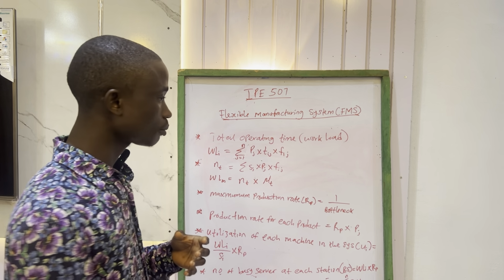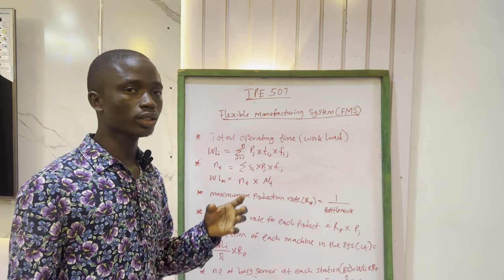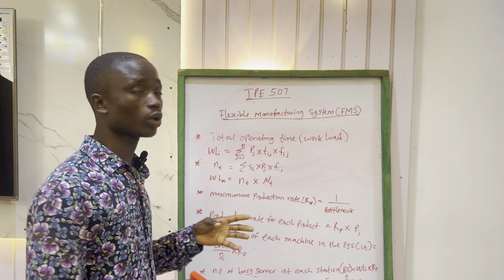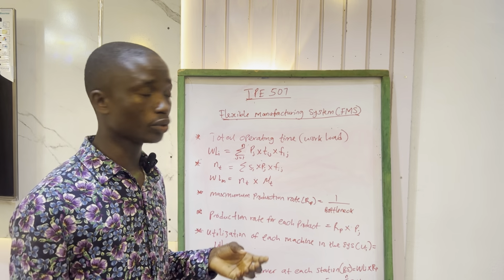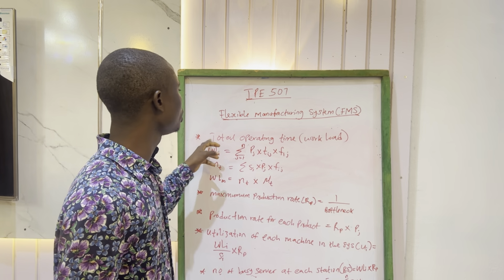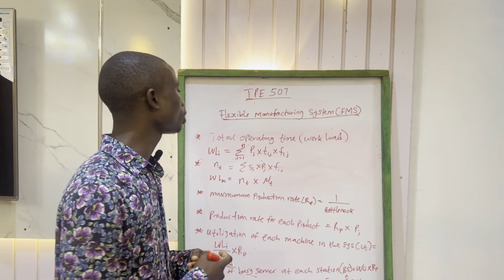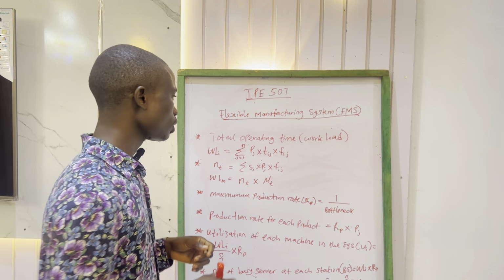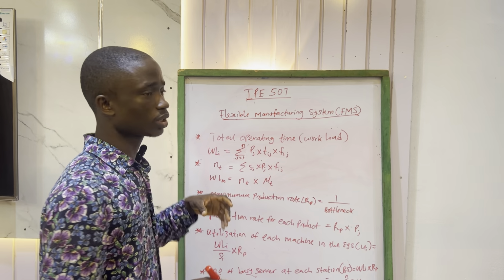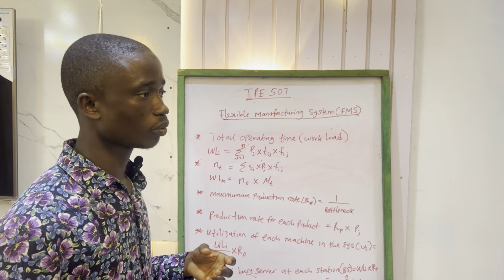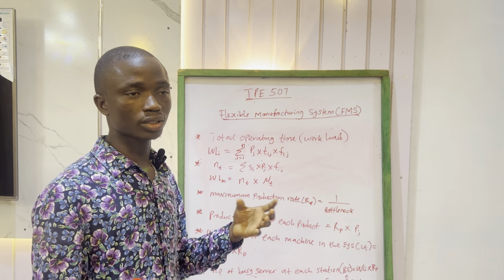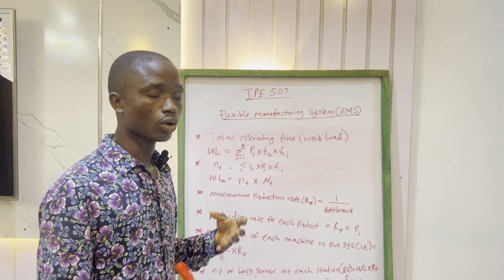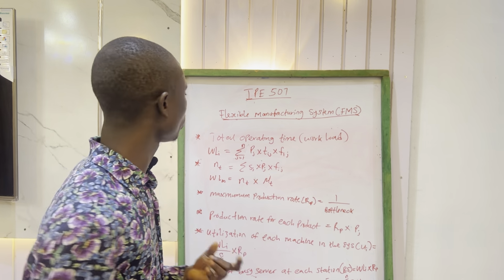Each machine in this FMC is working on different products, so we can be told to calculate the total operating time for each workstation, which can be a combination of several machines working on different operations or a single operation.